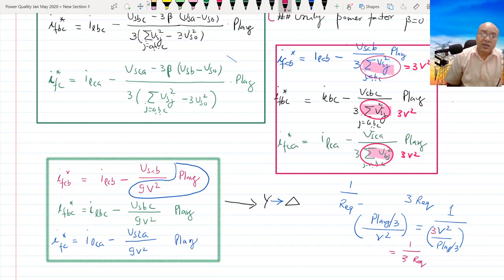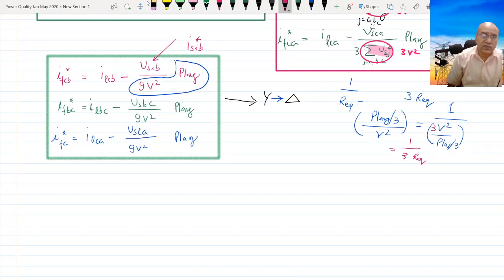So basically this is kind of a line to line current, ISAB star, which is nothing but in phase with the VSAB.